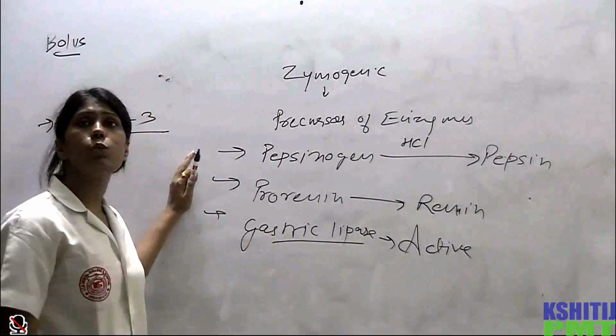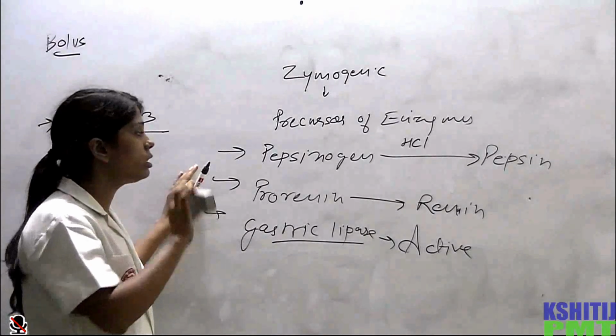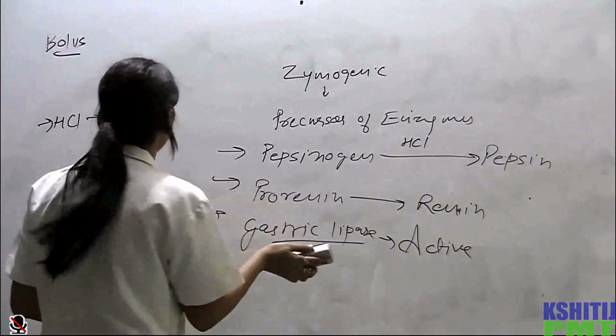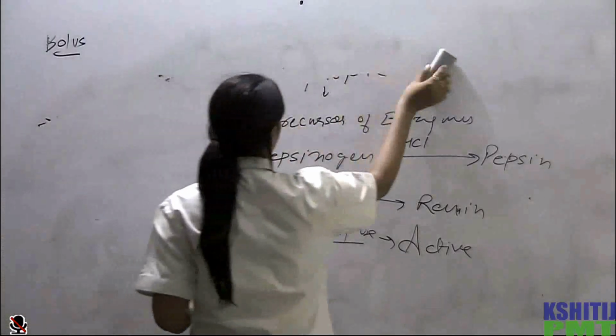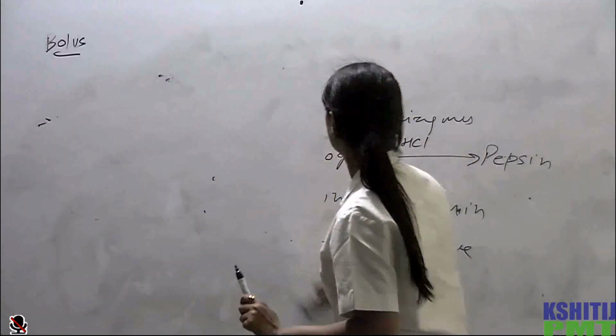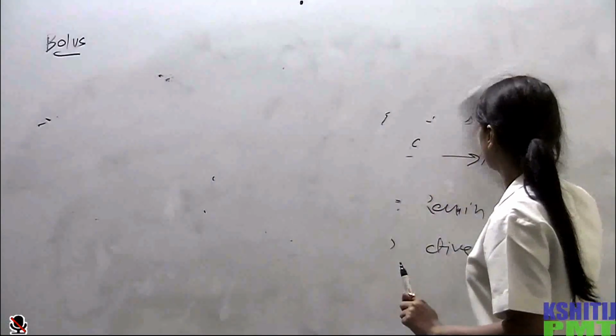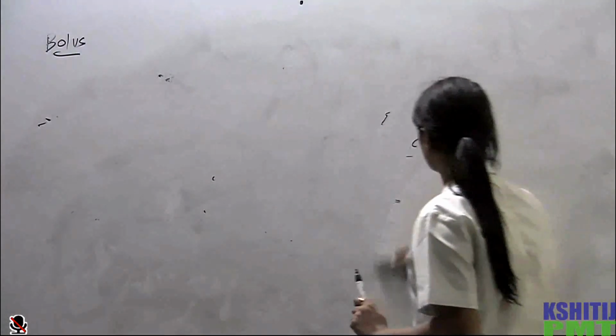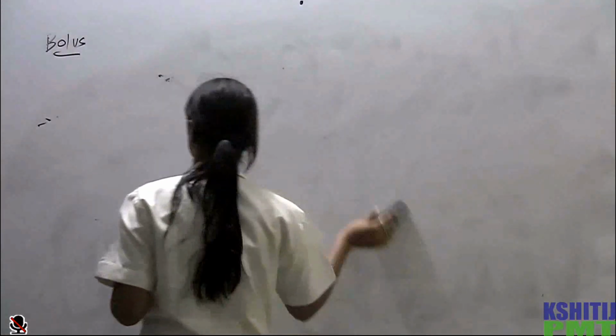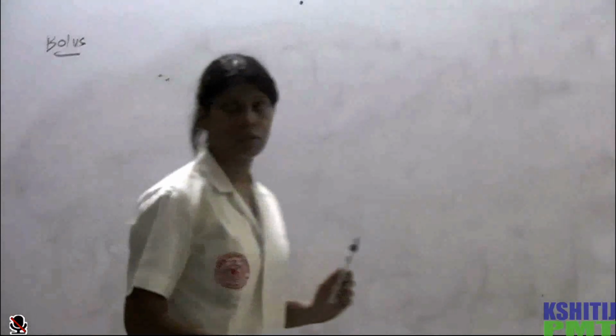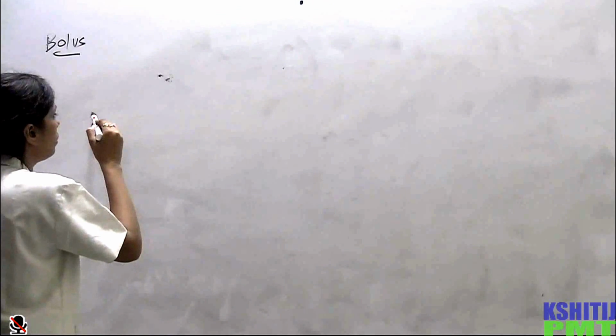Now we will see what is the function of these three enzymes. Here we have pepsinogen, which is converted to pepsin.